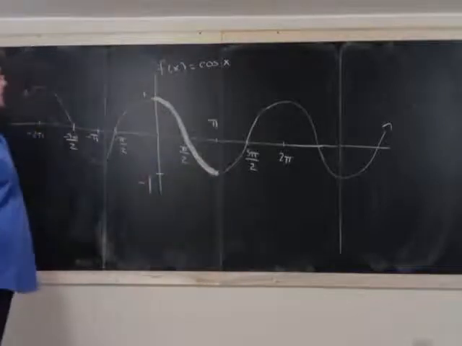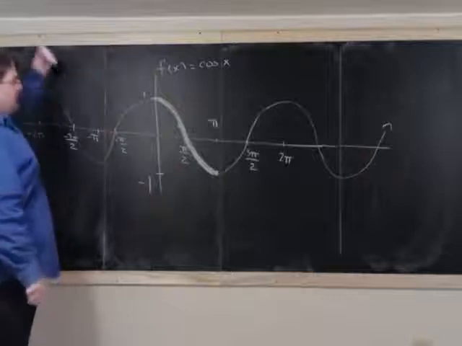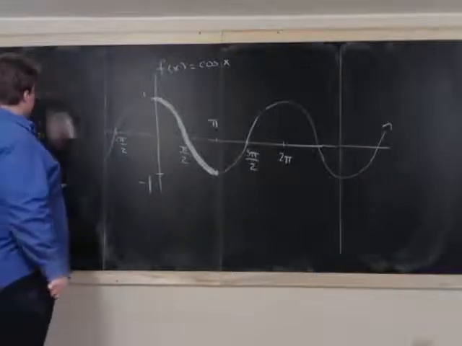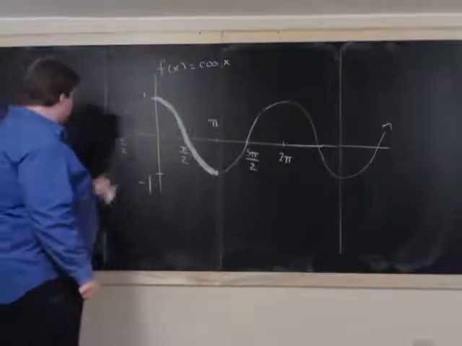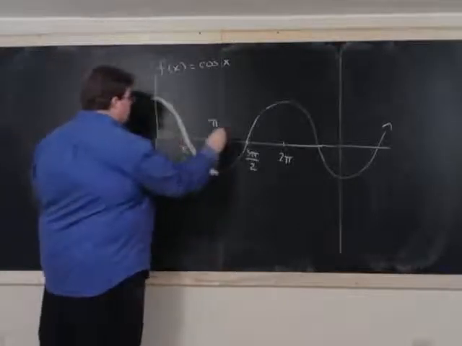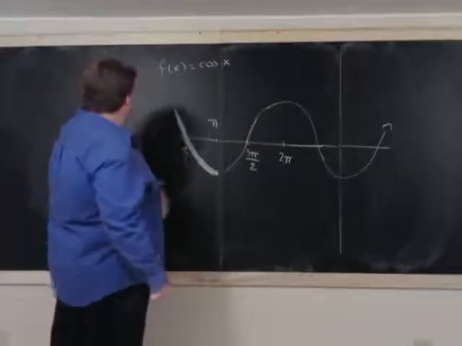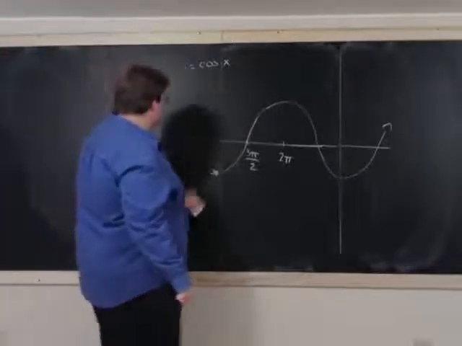On that piece, it hits everywhere between -1 and 1, and it satisfies the horizontal line test. Notice here, we're restricting it to 0 to pi, and we're including the endpoints again because we want to hit 1 and -1.